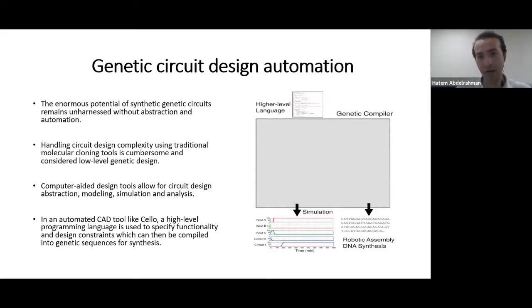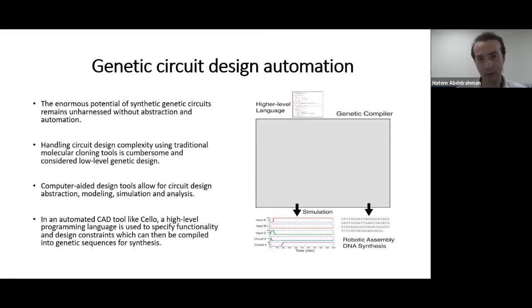This is basically how a computer-aided design tool for genetic design automation would work. You simply input a high-level specification of the genetic circuit, and you have as output a DNA sequence that encodes the function described in the high-level language. So you start with the specification and you end with a DNA sequence. This is a fully automated process.